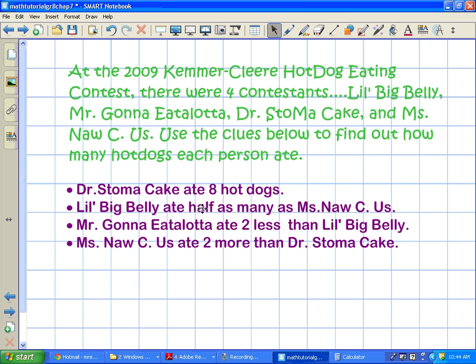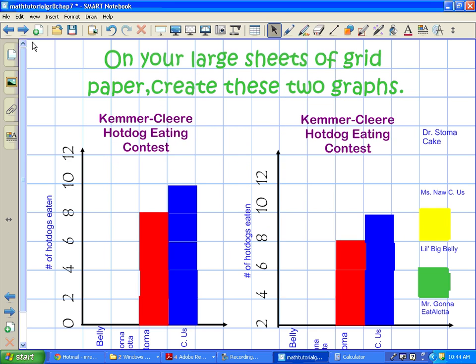Now, Little Big Belly ate half as many as Miss Nasius, so that's 5 for Little Big Belly. So let's see what we got here. That's 2, 4, and of course 5 would only be up to there. And if I were to show 5 for this one right here, that's 4 there, and 5 would be halfway between 4 and 6.